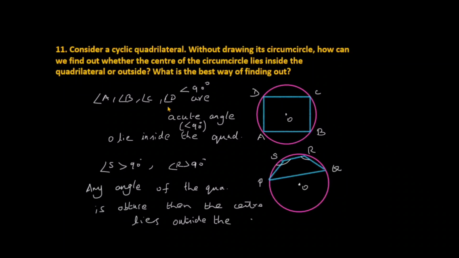So very simple: if all the angles are less than 90 degrees, the center lies inside the quadrilateral. If any one or two angles are greater than 90 degrees, then the center lies outside the quadrilateral.